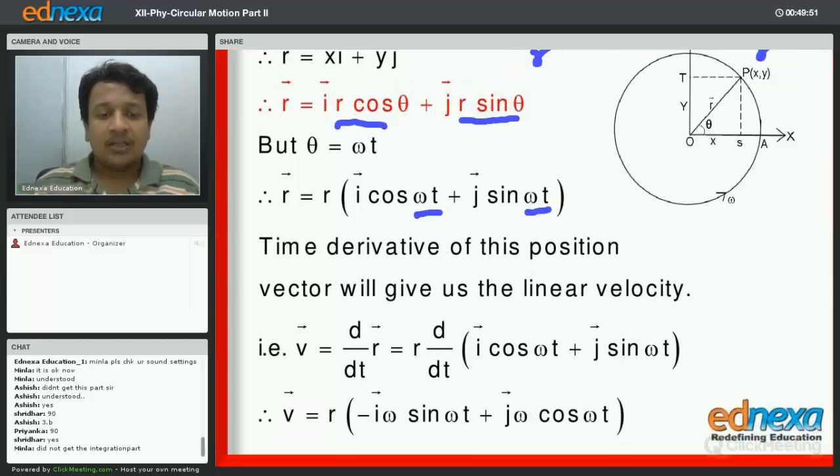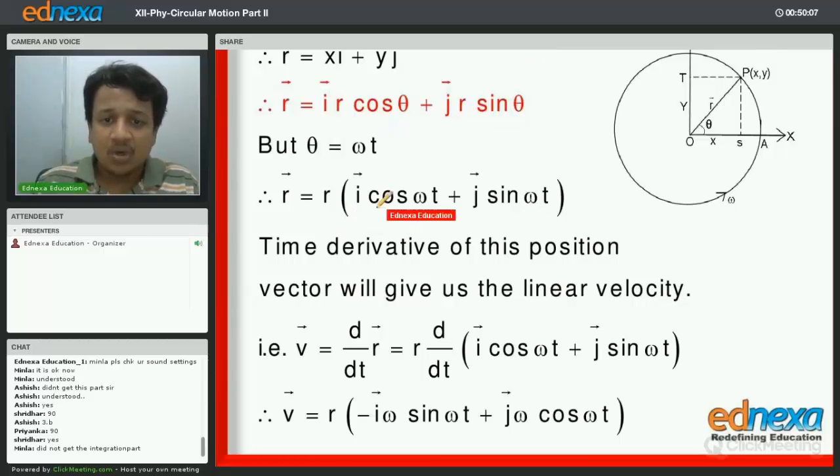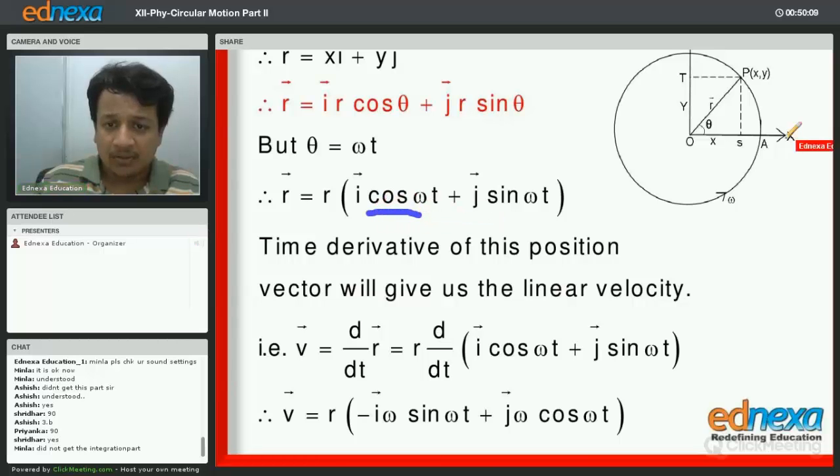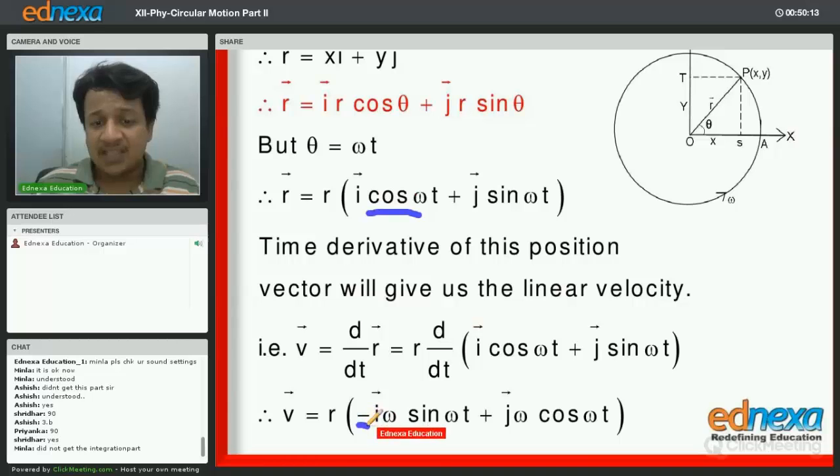So substituting omega t over here, then differentiating this position vector will give us linear velocity. Means we are going to take its derivative. So taking its derivative, what is the derivative of cos omega t? Derivative of cos theta is minus sin theta.